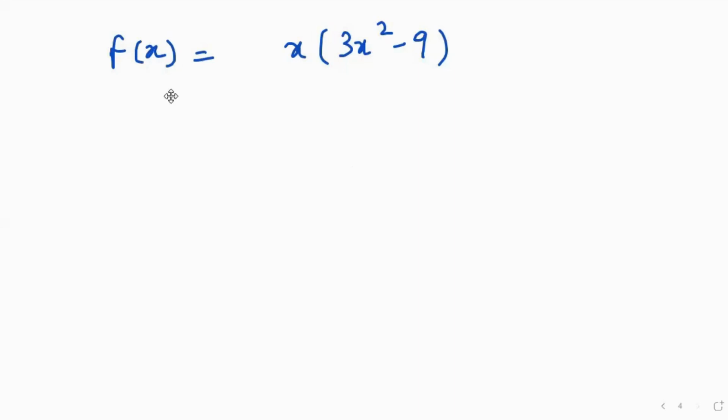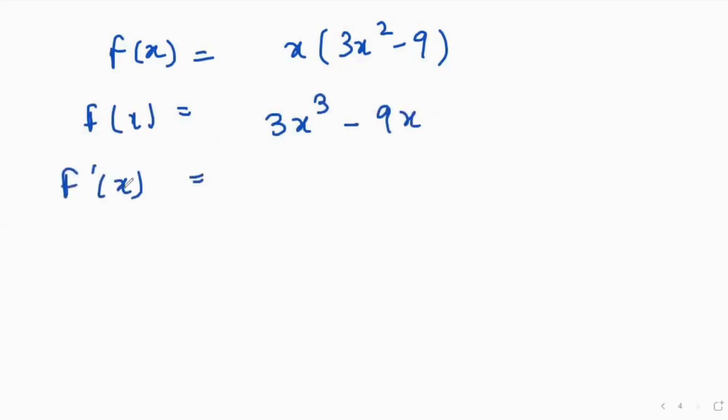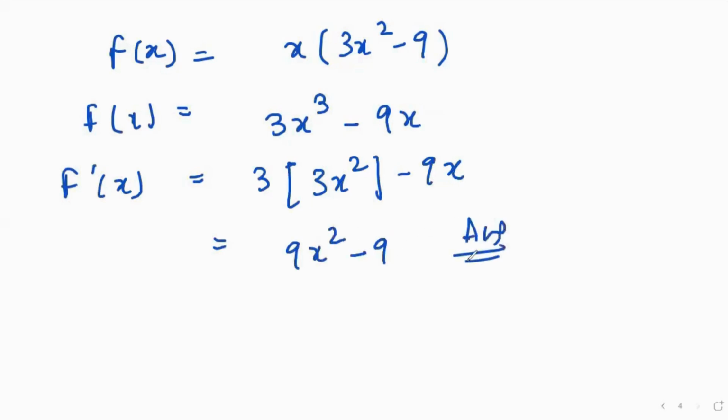We have to go with differentiation. First just solve with this equation: it will be 3x cube minus 9x. Now f dash x. It will be 3 as it is, 3x square minus 9. Is that your same answer? You can take 9 common also, then it becomes x square minus 1. Both options are correct. If you leave your answer here, it will be right.